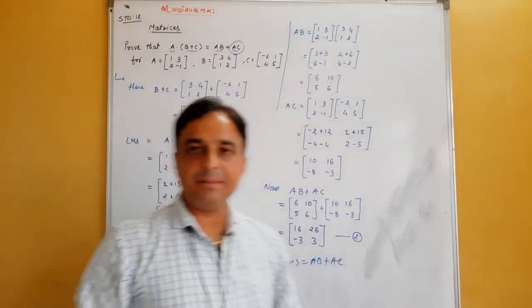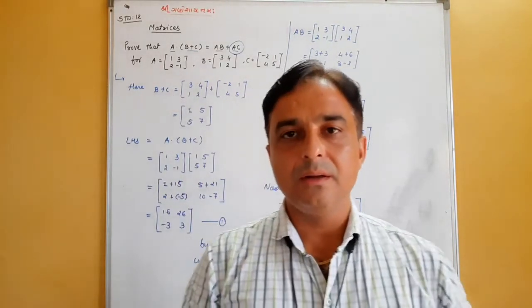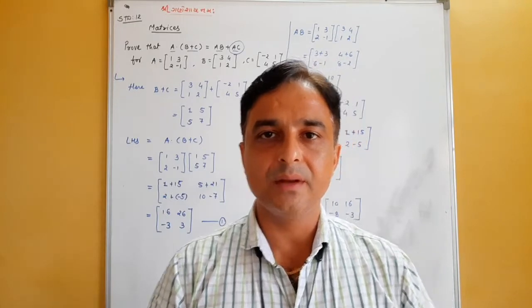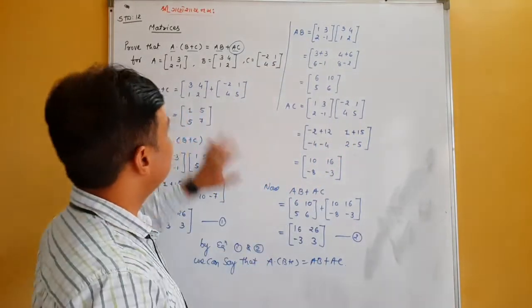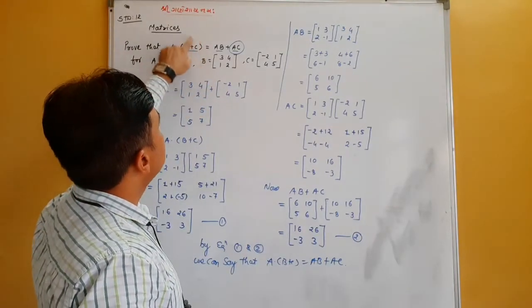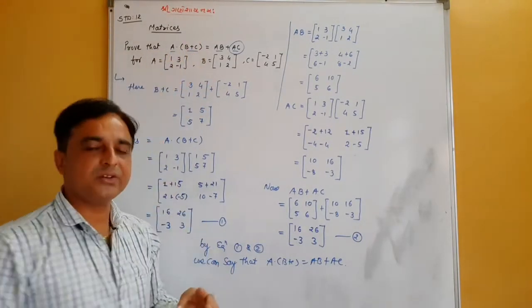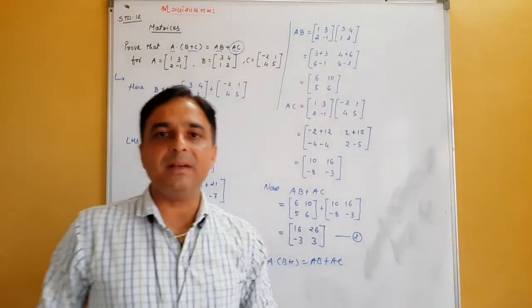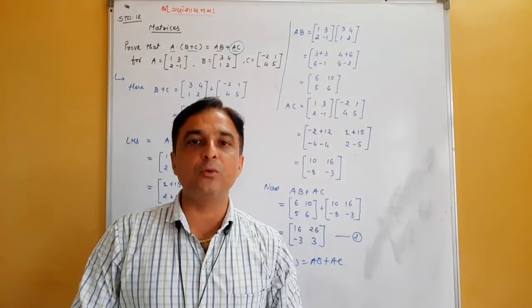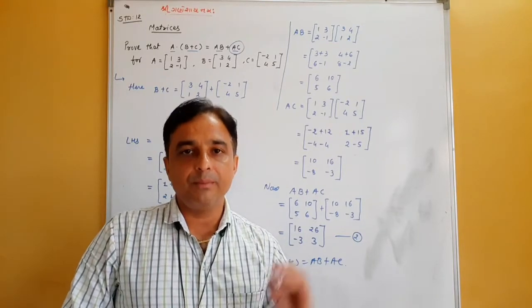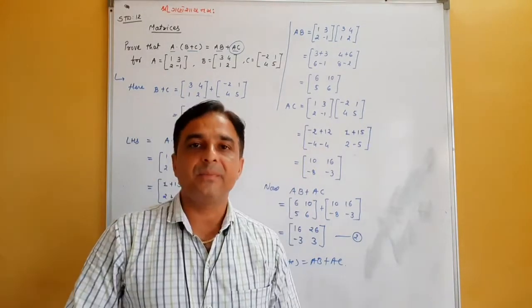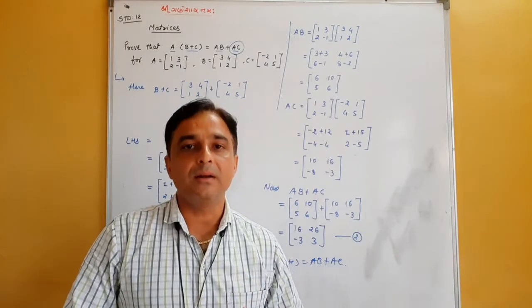The same type of problem can be solved for 3 by 3 matrices, 2 by 3, 3 by 2, like that. Here the addition and multiplication are done together, which means we are applying the distributive law. So applying the distributive law, all matrices have the same order.